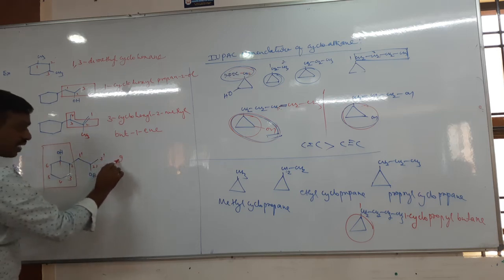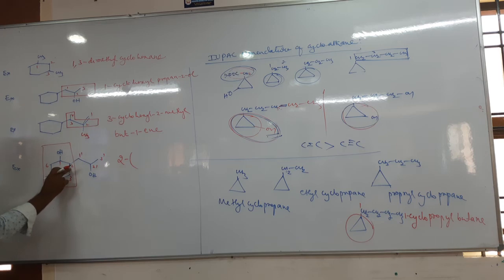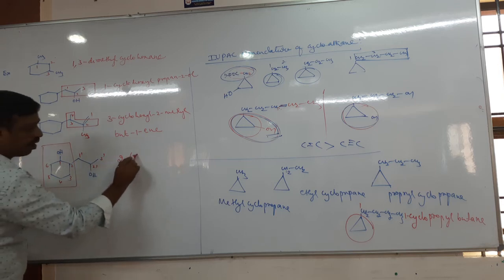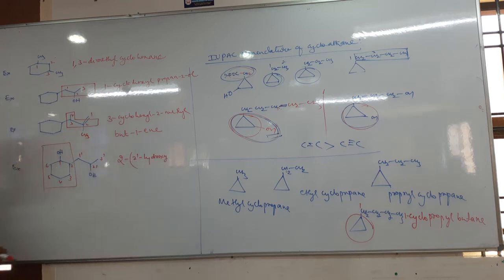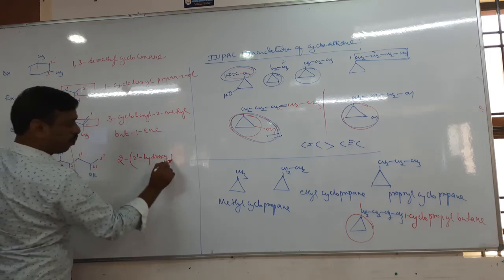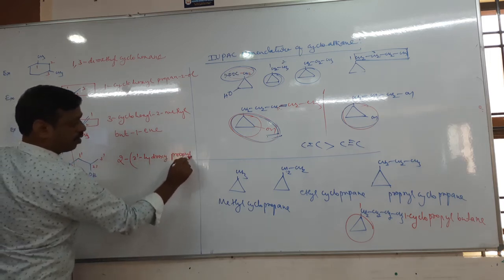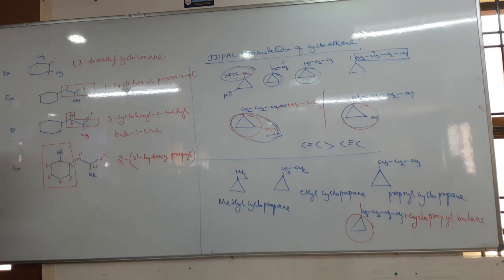Therefore, on the second carbon there is a side chain. On the side chain there is a 2 prime hydroxy. Can it be taken as hydroxy or ol? Ol is a functional group, hydroxy is a substituent. 2 prime hydroxy, meth, eth, prop, propyl, bracket. Then this is what?